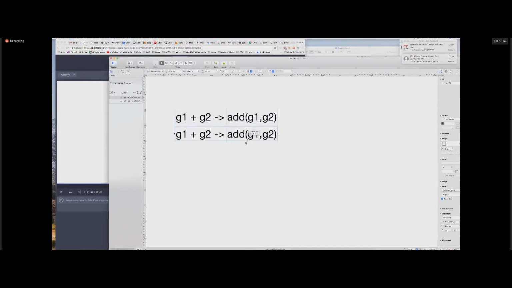And then we need another rule. This one doesn't have a hypothesis. For the other one, instead of doing the above and below, I'll put it to the left of a double arrow.